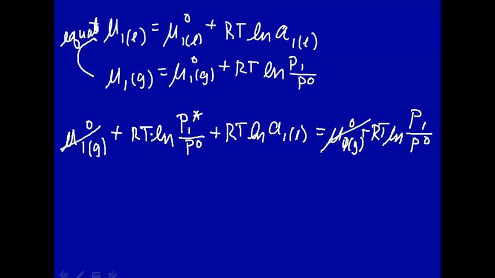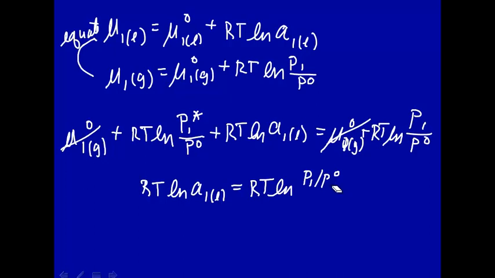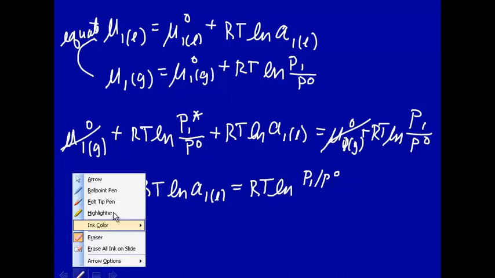Let's put this term over there. So we have RT times the natural log of the activity of 1 in the liquid phase is equal to RT times the natural log of... I have this one and I'm subtracting this one, so it'll be P1 over P0, but when I subtract that, that will go down in the denominator.